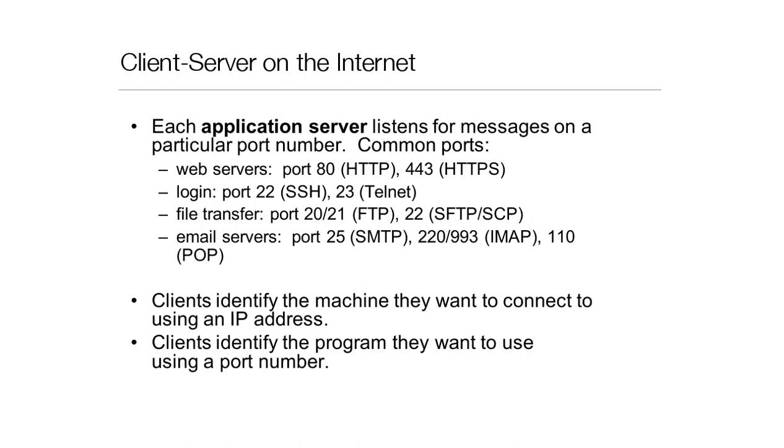And once the letter comes to the city, to the post office, from the post office they locate the house using the house number. So that's similar to the concept of a port. A port tells which application or which program this piece of data should be sent to.